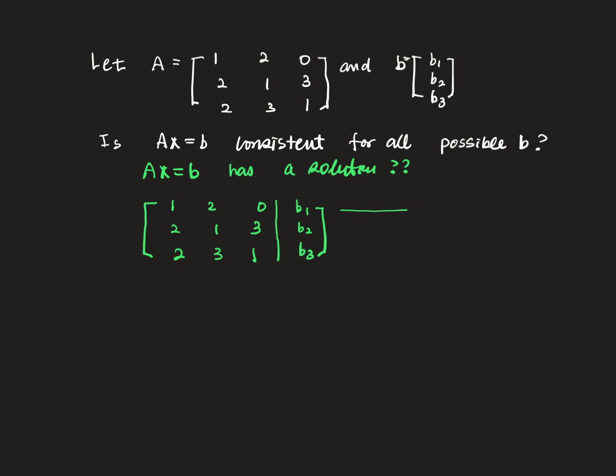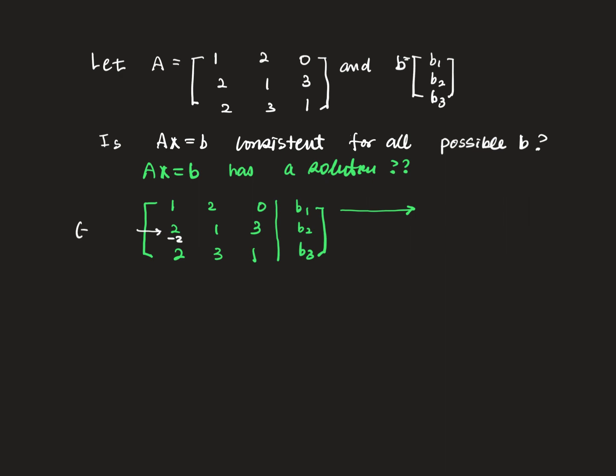I want to save some time, guys, so we have to do this a little quickly. I'm going to do 2 rows at the same time. What do you need here? You make it 0, so you need a negative 2.